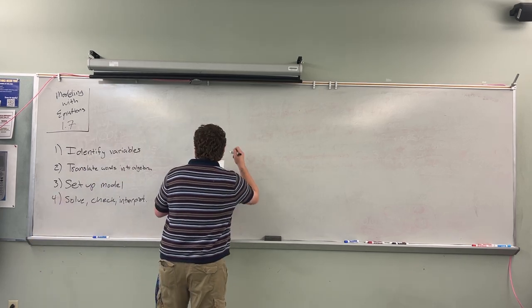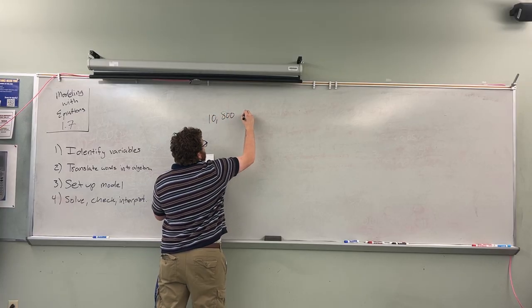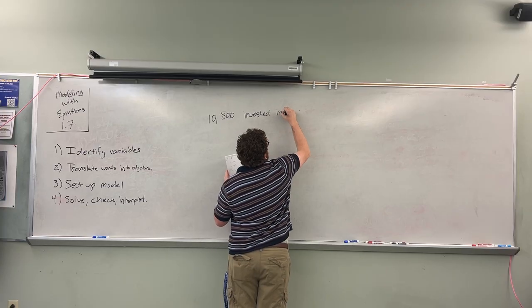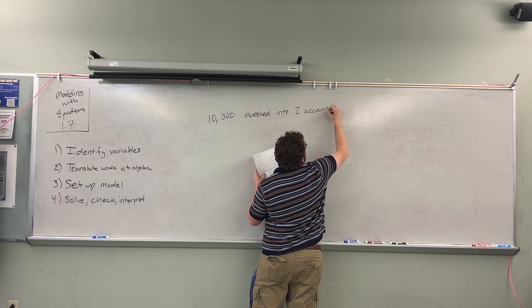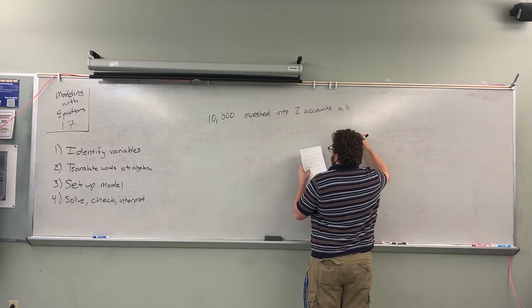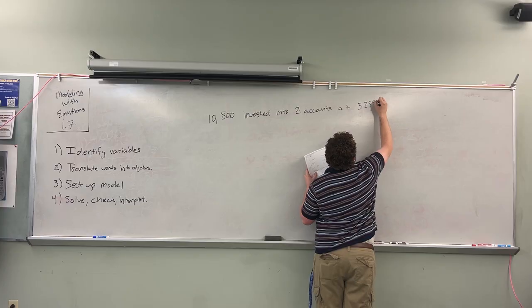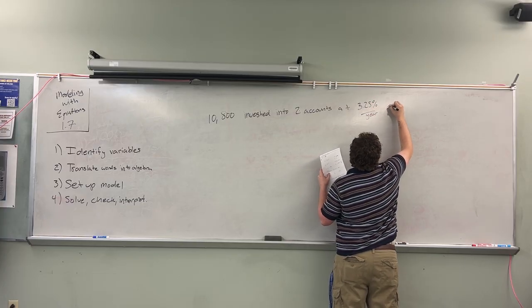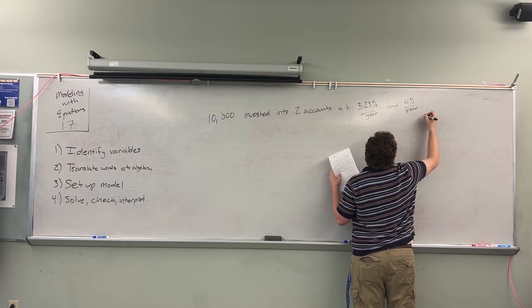It says an amount of $10,800 is invested into 2 accounts, at 3.25% per year in one, and 4% per year in another.